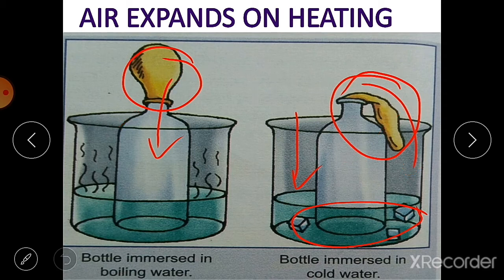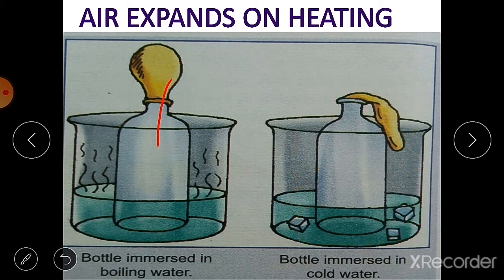Then what happens? What is the reason behind it? See, the reason is the air inside the bottle kept in the beaker of boiling water gets heated and it expands. Okay, this air inside the bottle gets heated because of this boiling water, and it expands, and therefore the balloon gets inflated.